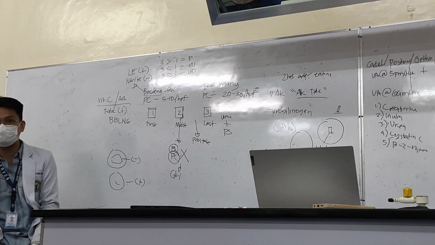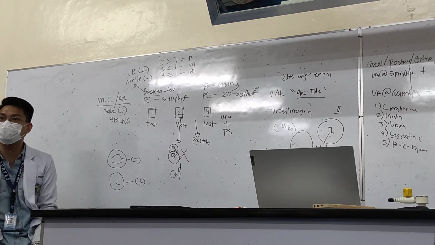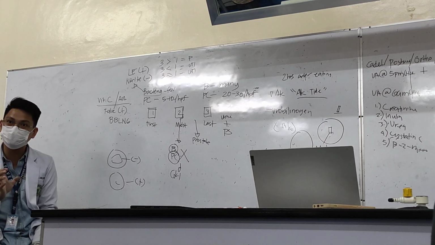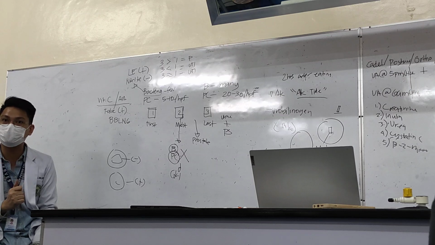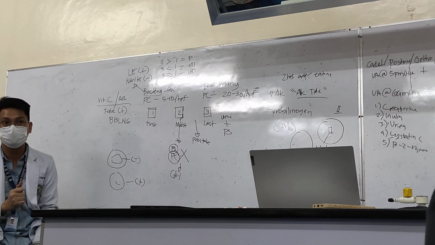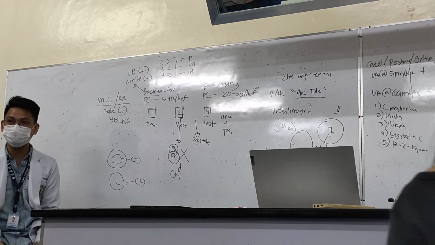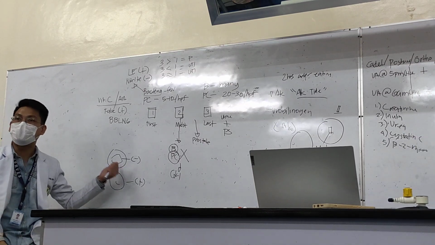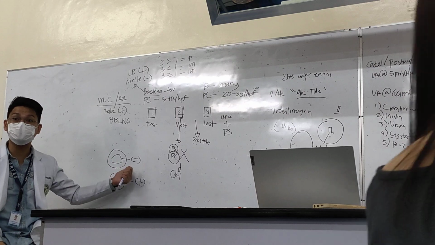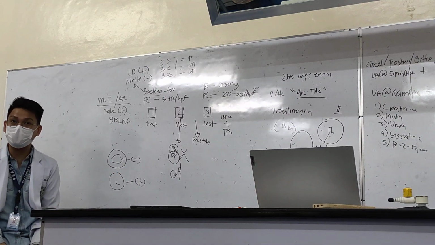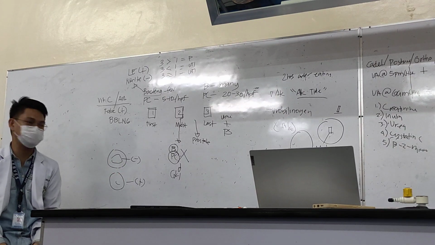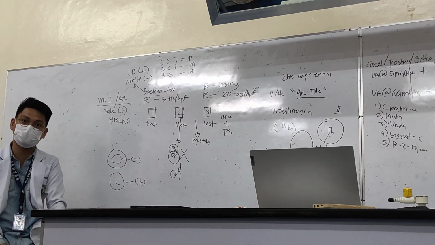Those granulocytes, because esterase can be found on their granules: primary, secondary, tertiary. Esterase is seen in the primary granules. That's why, class, if the leukocyte esterase is not negative, that means granulocytes are present.